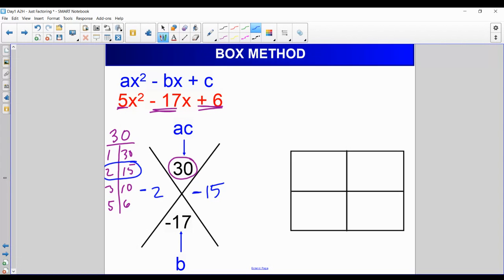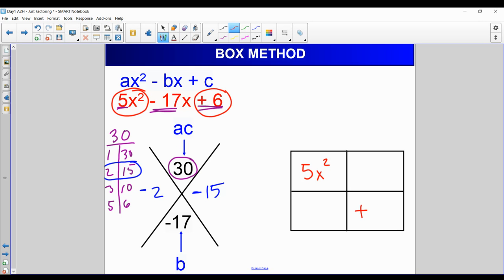So what the X box does is what grouping did, but I think it makes it maybe easier to see. So what we do is take that first term, 5x squared, and put it in the top left.